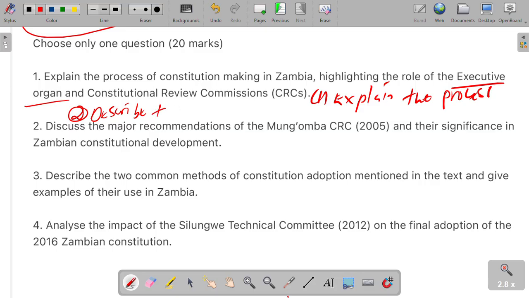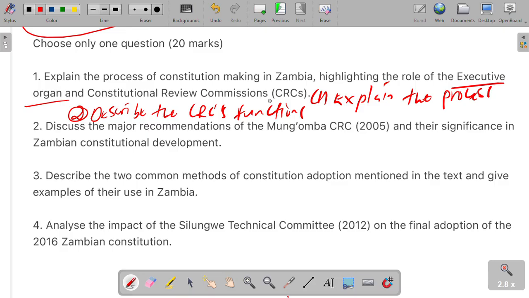the CRC's functions. Remember the question is asking you to explain the process of constitutional making in Zambia.